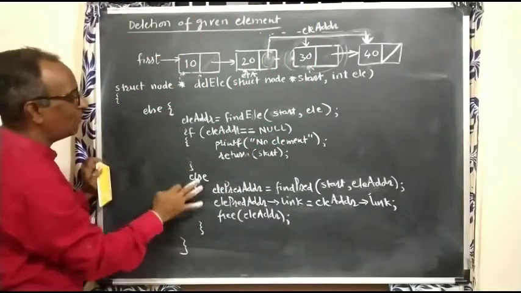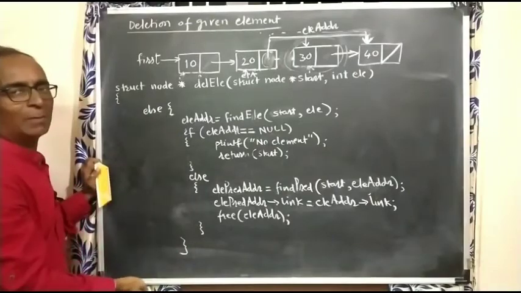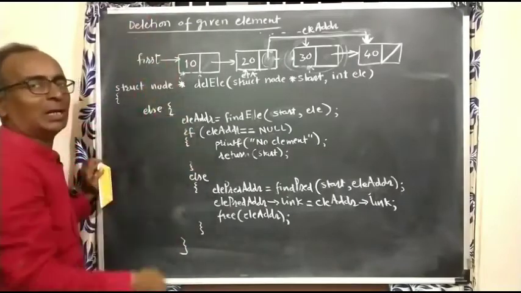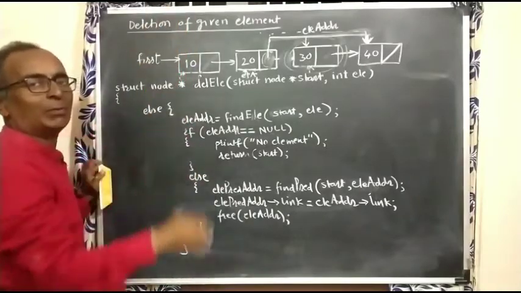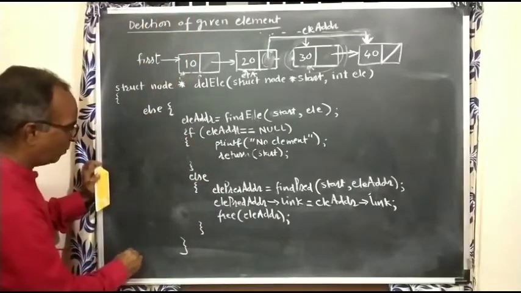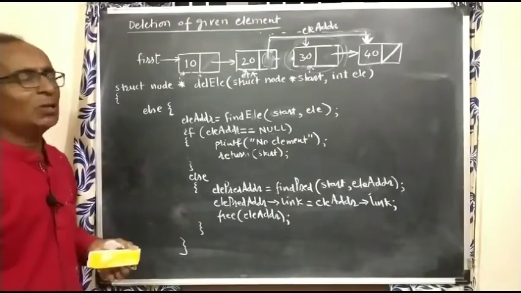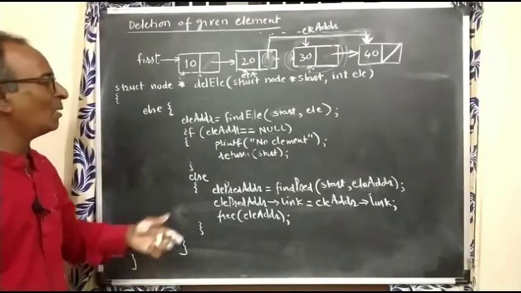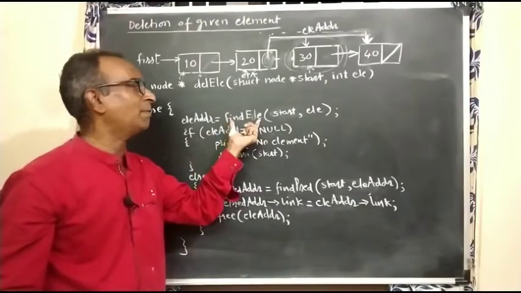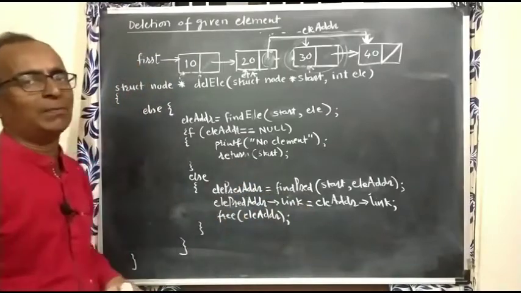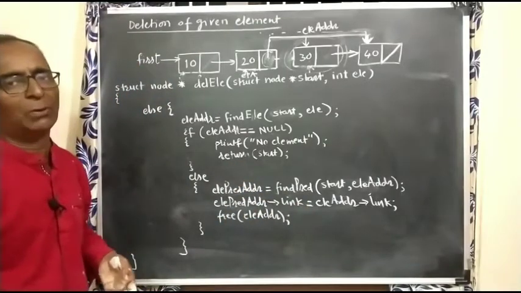So there is no need of returning after this else block. Return start is not required. Before, you have already changed it, so you have returned from there itself. That's it. If you complete this, you can close this way. So this is a way you can write. Now what way you have to write find element, what way you have to write find predecessor, that you can think and write those particular functions.